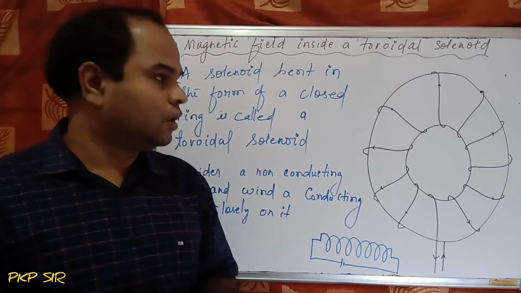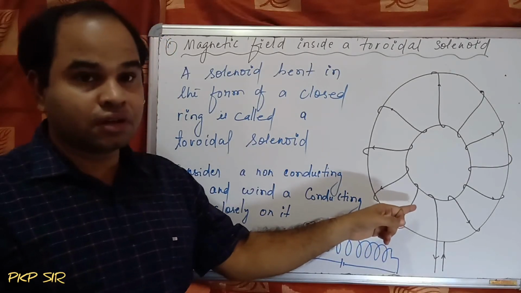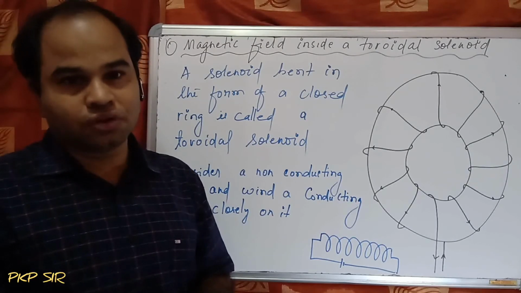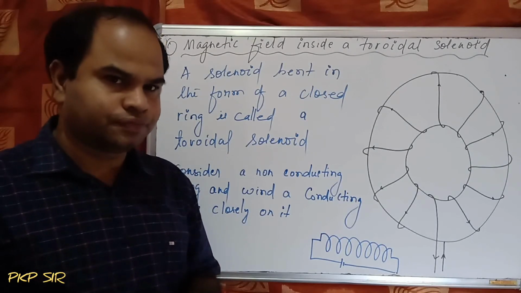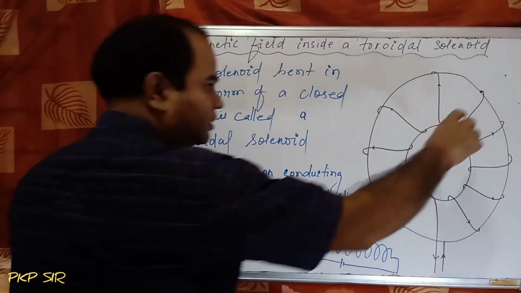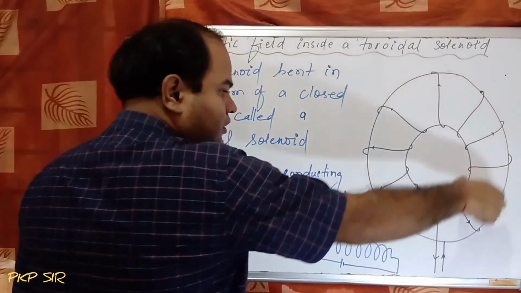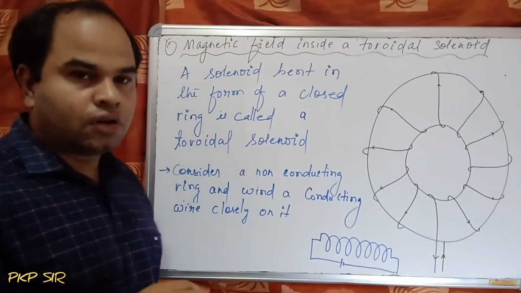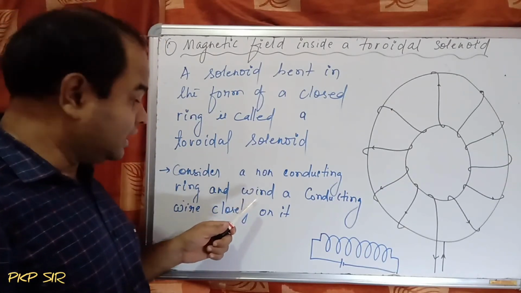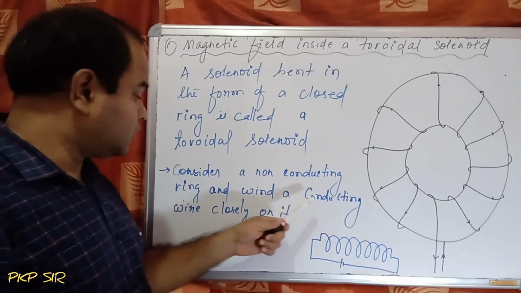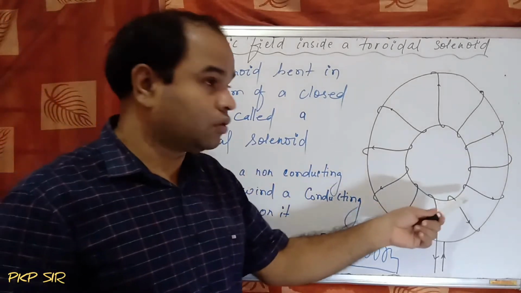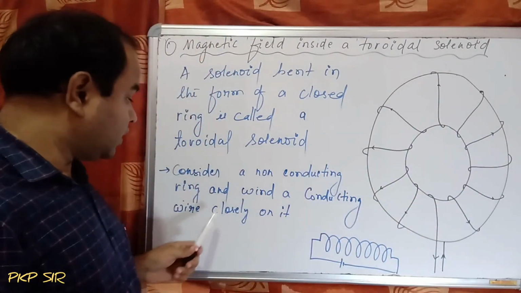So this is the figure of a toroid or toroidal solenoid. Let us consider a non-conducting ring. Let us wind a conducting wire closely on it.